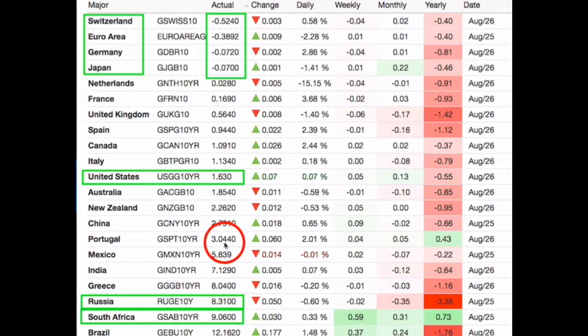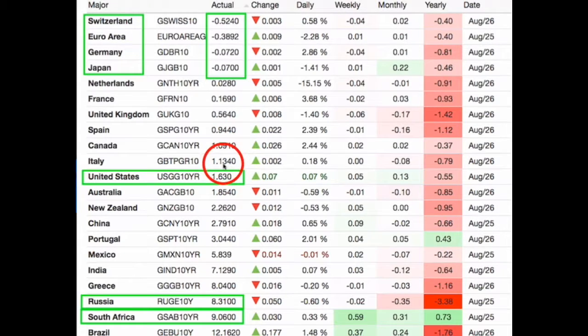They are only paying 3.04% in Portugal for their 10-year bond, whereas in Russia and in South Africa, where the debts are way lower and those countries are not bankrupt compared to a lot of the other countries above, including the US, where the debt to GDP is much higher, over 100%.